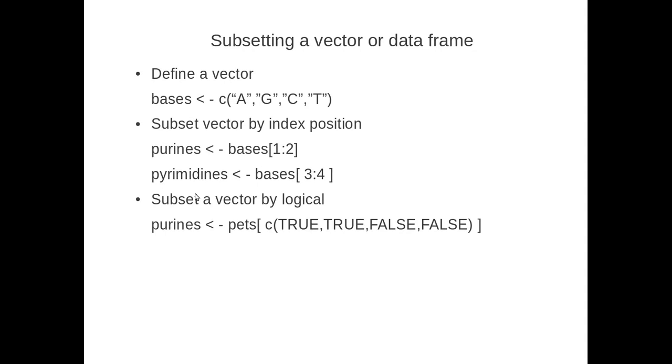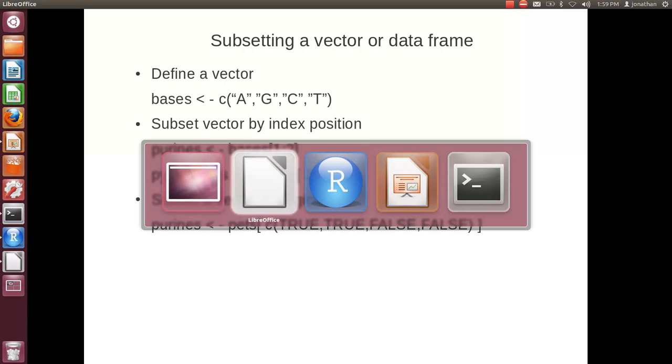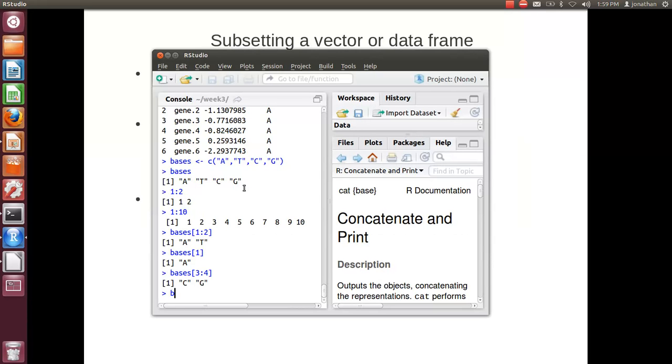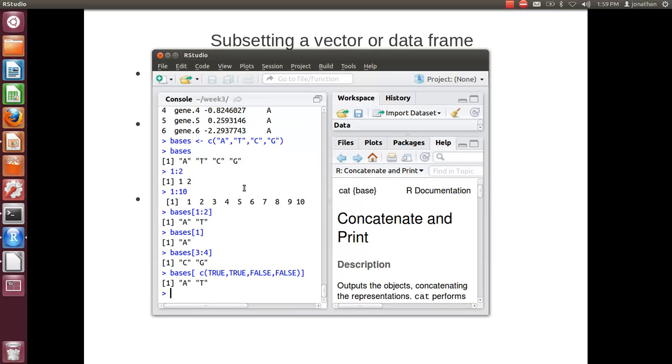So let's give that a try. We go back here, now let's do bases, and type in our logical vector. It's kind of trivial here, but it's important conceptually, and I'll explain why in a second. So with true, true, we want the first two positions from the bases vector. False, false means we don't want those positions, obviously.